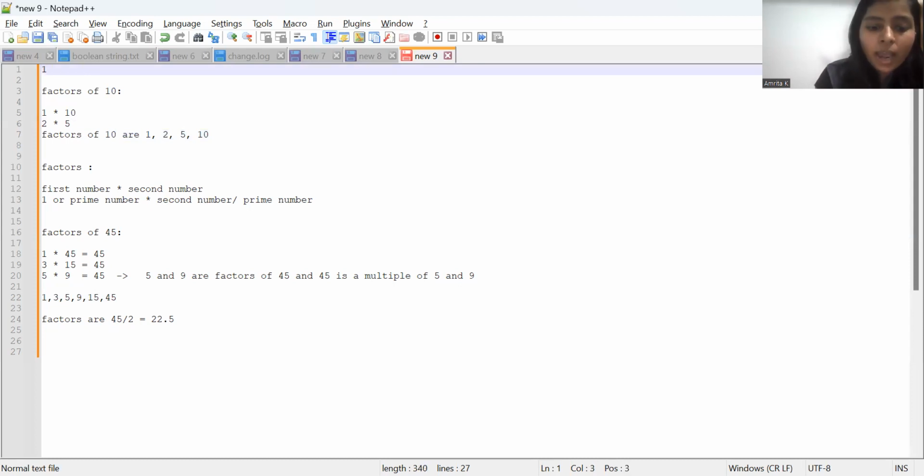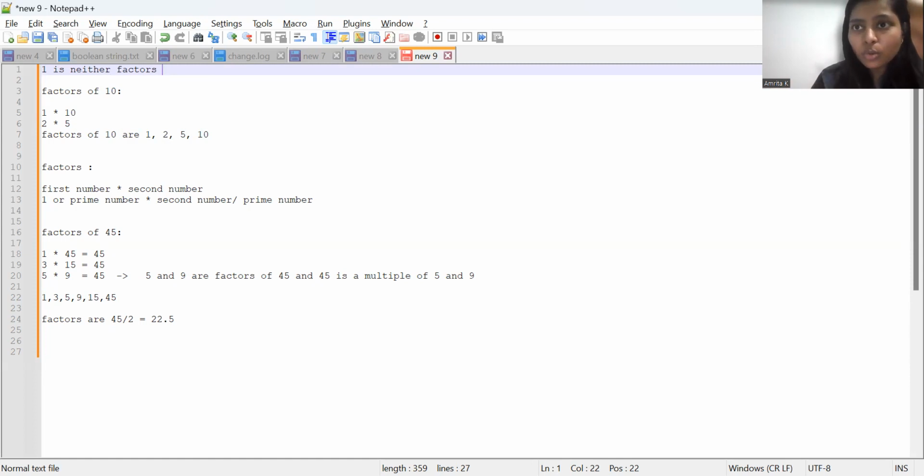And also, we have to make sure that before finding the factors, we should be well aware of the tables of the prime numbers at least, and we should be well thorough with those. We should learn those by heart. So we need to know the tables of 2, 3, 5, 7, 11, 13, 17, 19, at least these numbers.